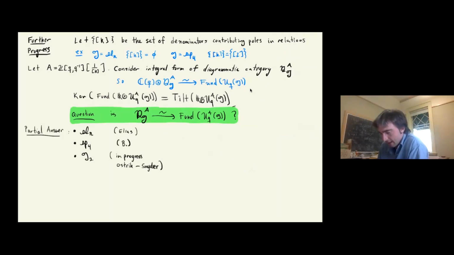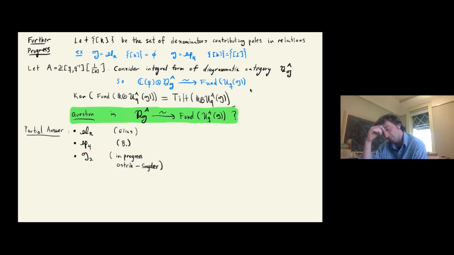My understanding is that the first time somebody proved this, Ben Elias showed there's an equivalence between this integral fundamental category for the divided powers quantum group for SLN and the Cautis-Kamnitzer-Morrison Webb category, but working over Z adjoint Q inverse instead of over C adjoint Q. Then, using similar ideas, I was able to show that this is true for Sp4.